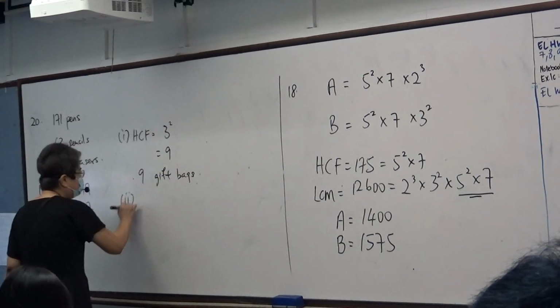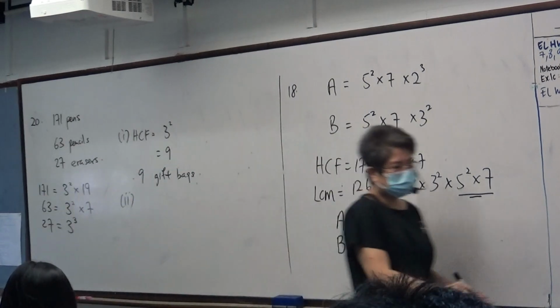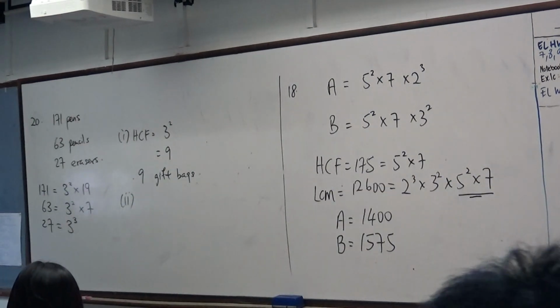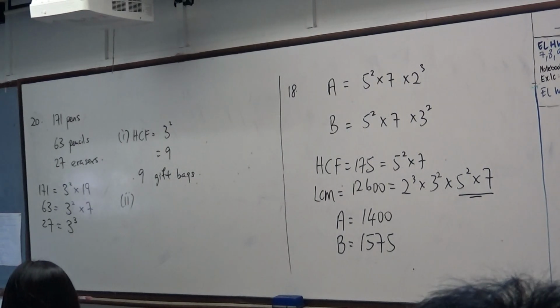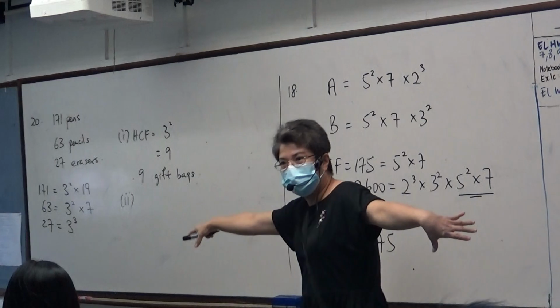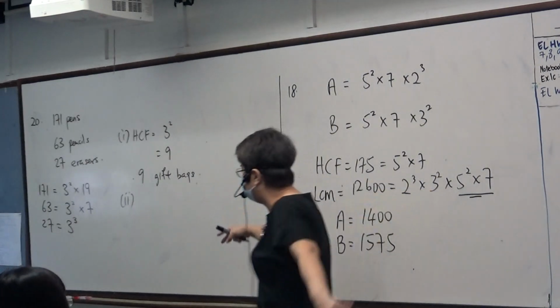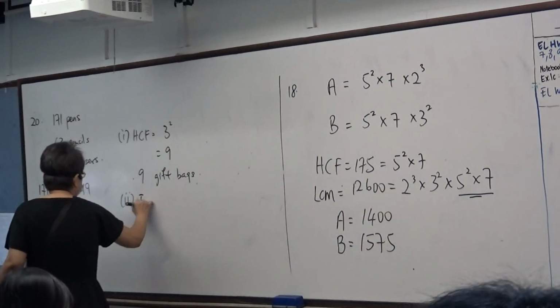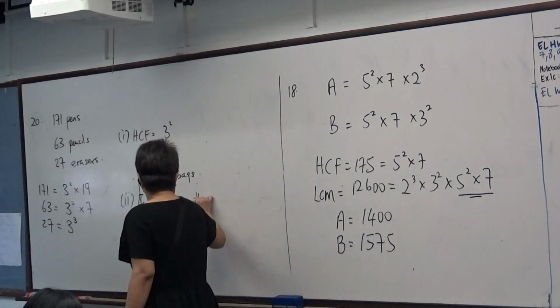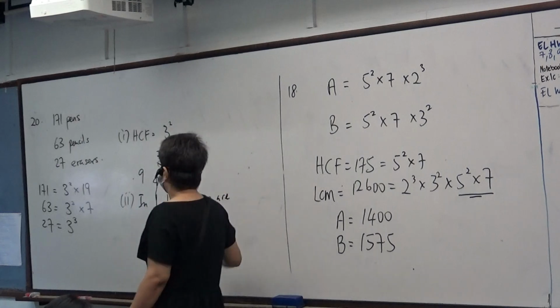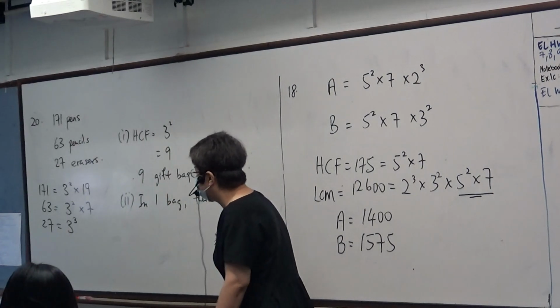Okay. Part 2, what did they say? The number of each item in a gift bag. That means I can pack 9 bags, right? Okay. In one bag, there are, now, how many pens?